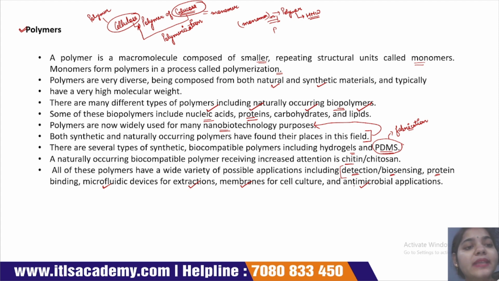First is, as we easily use this polymer as a biosensor, as a protein binding material, as a microfluidic device for extraction, membrane for cell culture, and antimicrobial application. Okay, other than this, these lipids are polymers known as liposomes.